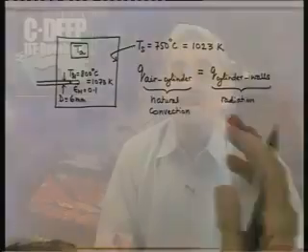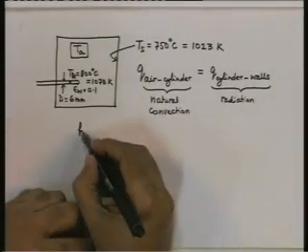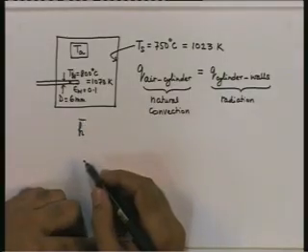We will assume, as is usual, that air is a transparent gas for radiation and does not participate in radiation. Let us say that H bar is the heat transfer coefficient for natural convection.